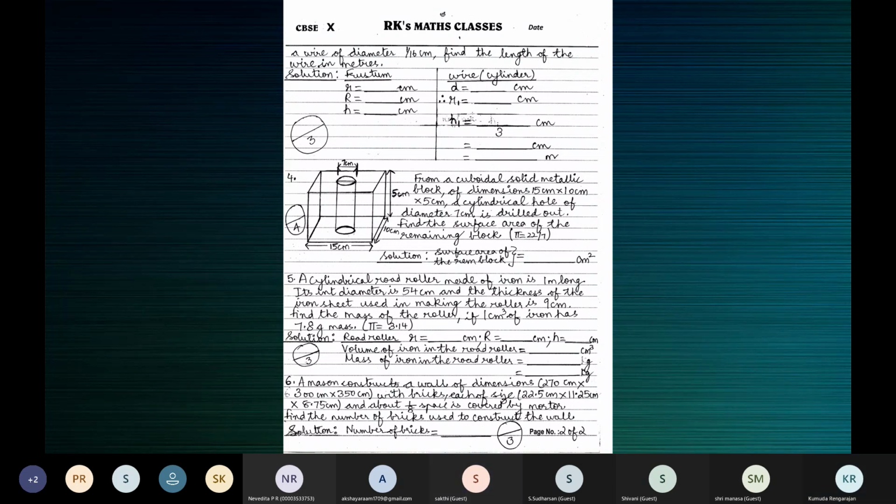LBH plus 2 pi rh minus 2 pi r square. Surface area. LBH has no work here. Surface area. And 2 into LB plus BH plus HL. Okay. Plus 2 pi rh minus 2 pi r square.